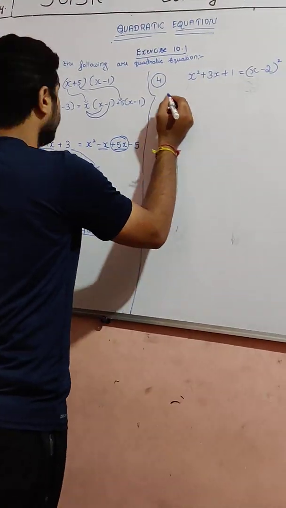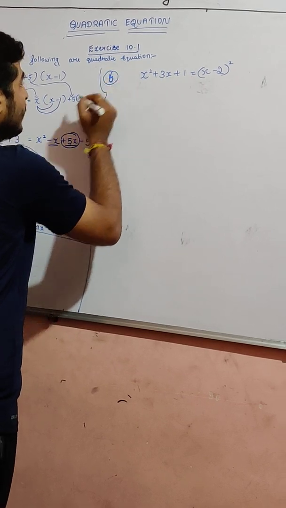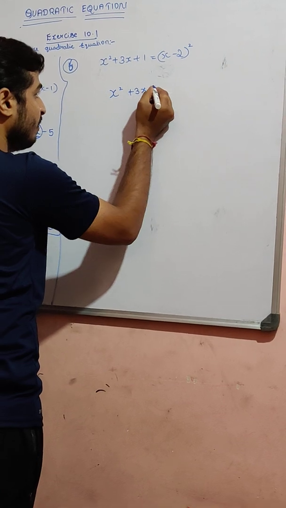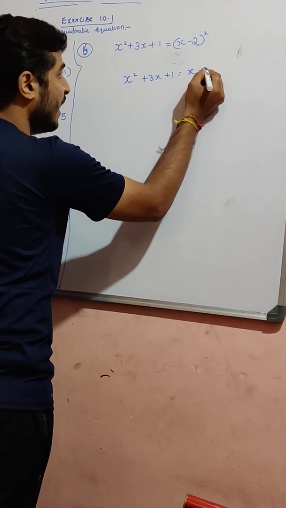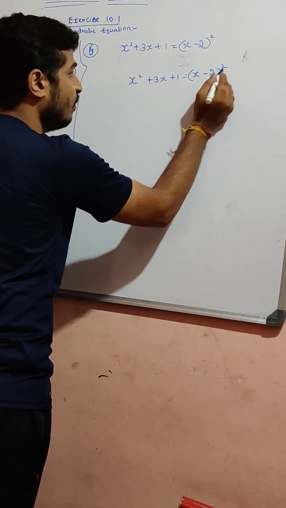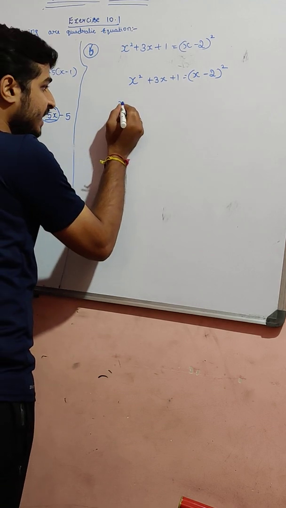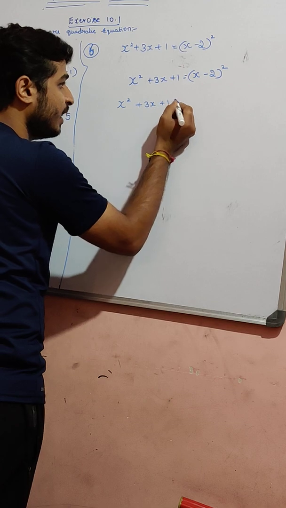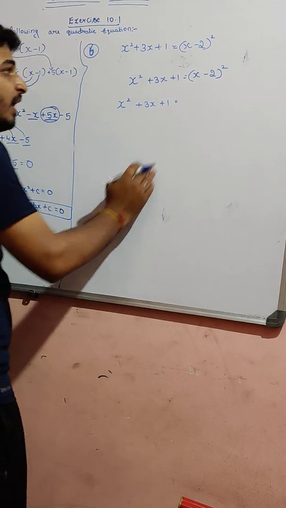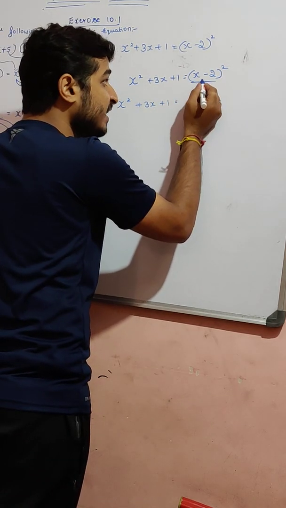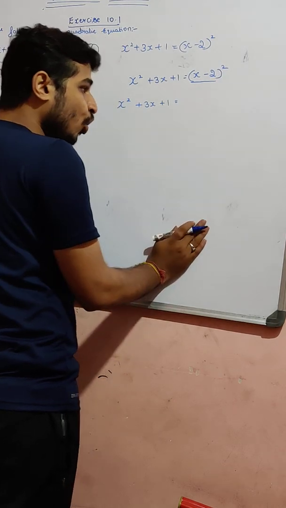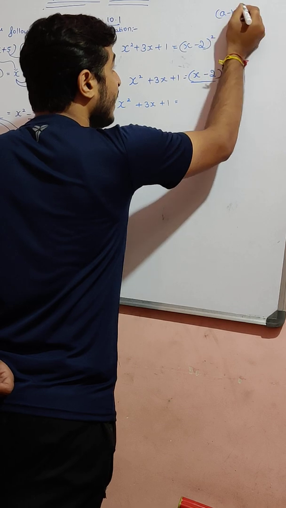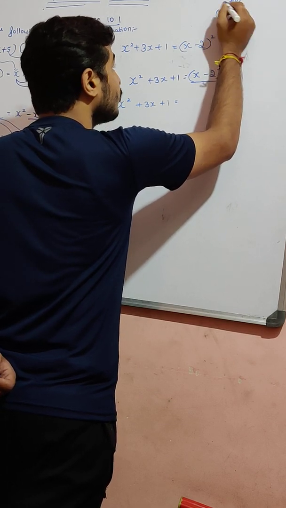So next, sixth problem. x square plus 3x plus 1 is equal to x minus 2 whole square. Now we will write x square plus 3x plus 1 is equal to, how to write x minus 2 whole square? You all know about a minus b whole square and a plus b whole square.